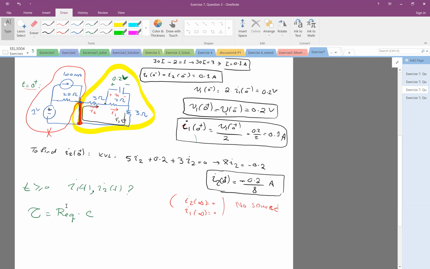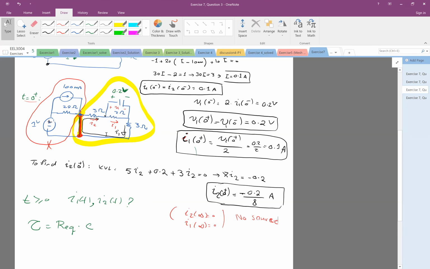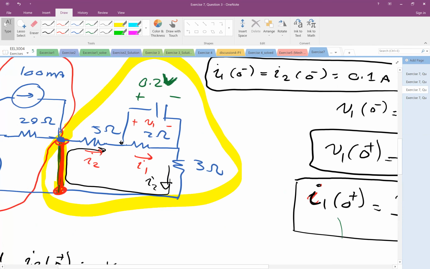C times R equivalent. Okay, so I have C, but I also need to look at the R equivalent from the point of view of C. So this is two terminal. What is the R equivalent seen by C? As you can see, 5 and 3 are in series, and they are in parallel with 2.